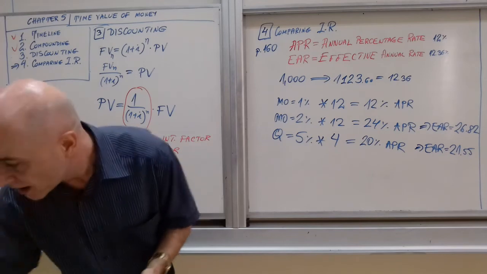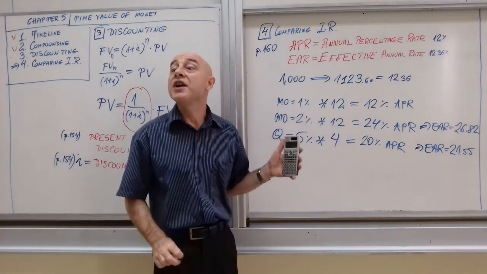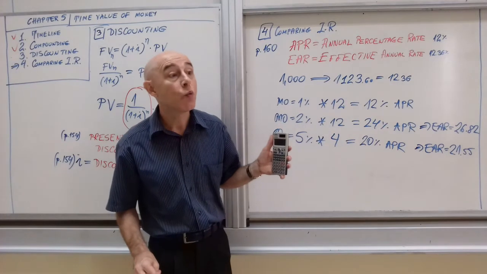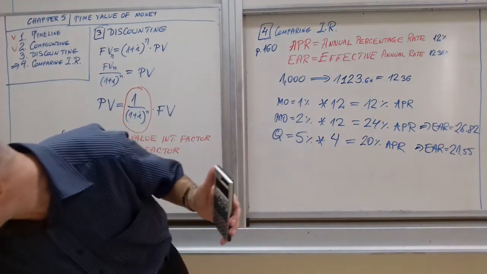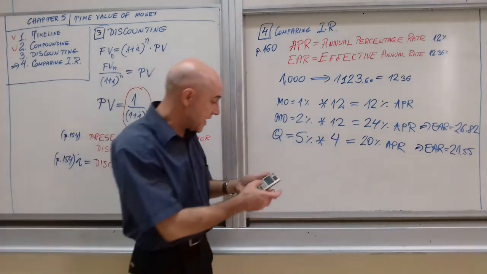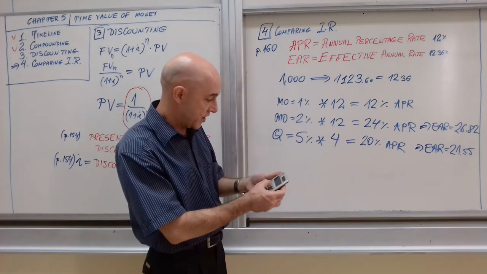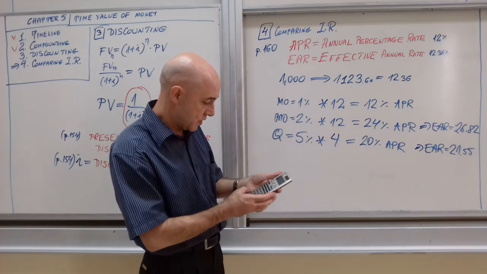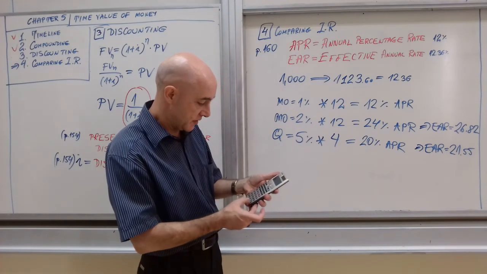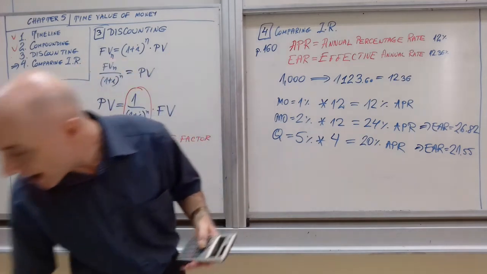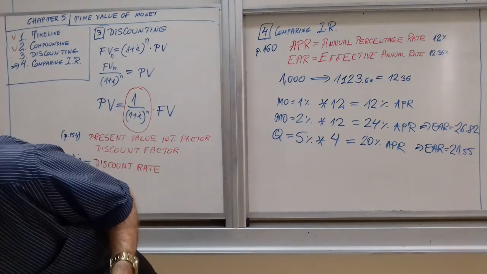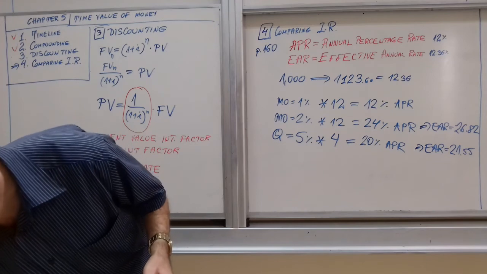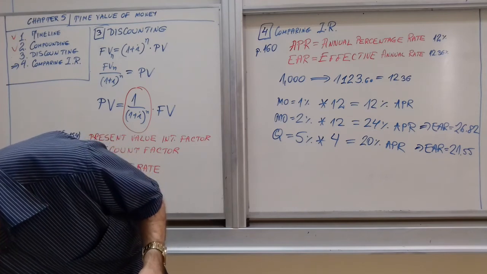Alright, so I say, now, page 161. Example, it says 21.7. Let's say, okay, interest rate is 21.7. Enter. How many periods? Okay, it's for the same period. We'll use the equation to solve.